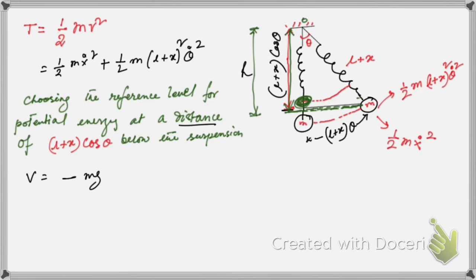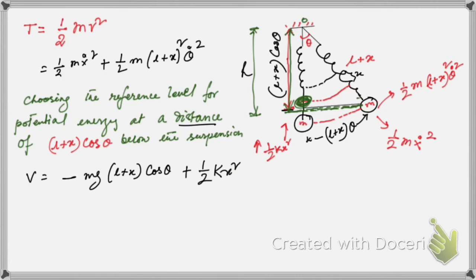We will consider the opposite direction, so a negative sign, as it is going below after extension. And due to the spring constant, the restoring force is acting upward, isn't it? So that's why half k x square.